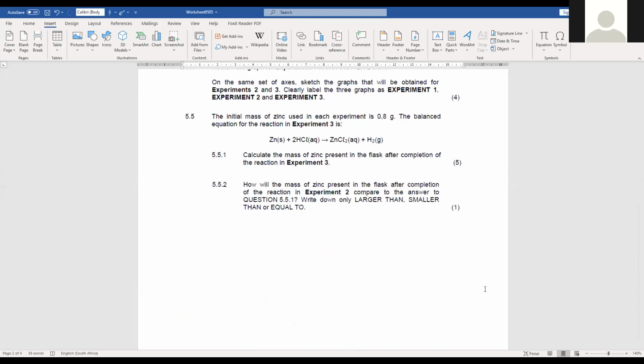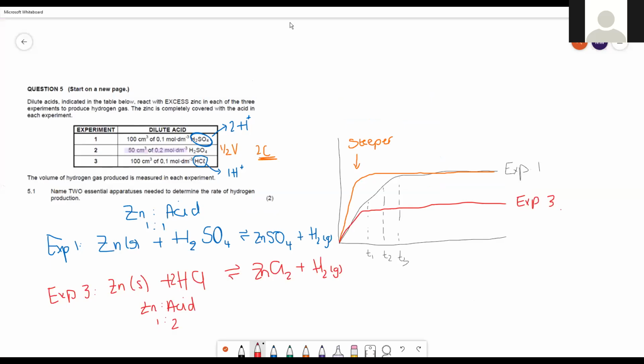And then 5.5.1 says calculate the mass of zinc present in the flask after completion of the reaction in experiment 3. Okay, so let me just go back to the whiteboard.